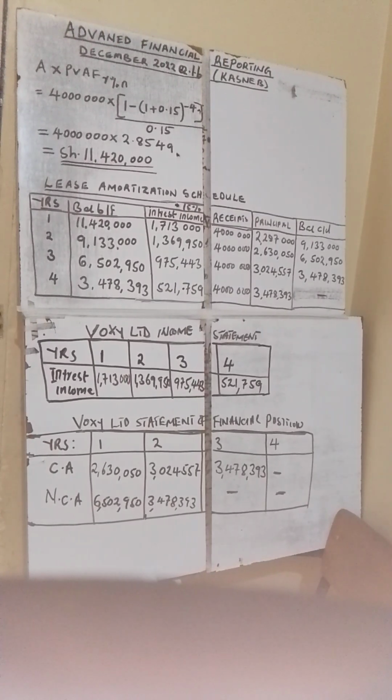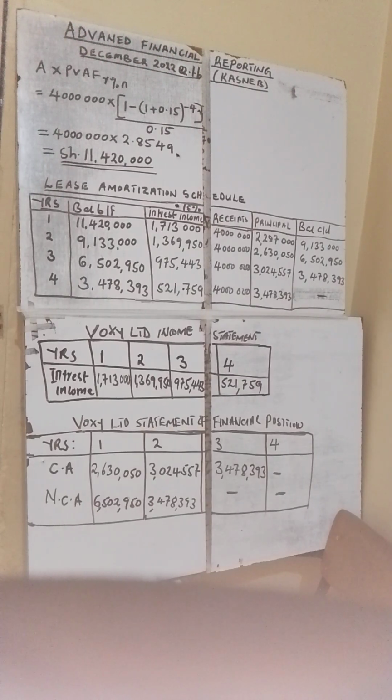Let's study the leases, which is IS 17. In this lesson, we are looking at a discussion about leasing, which is common in financial reporting, intermediate, as well as advanced financial reporting.